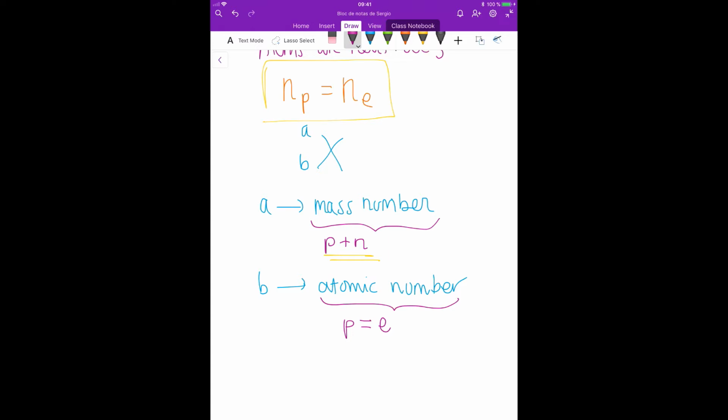So if they asked us to calculate the number of neutrons, the only thing we would have to do is A minus B, since that would be P plus N minus P, which gives us N, which is finally what we want, the number of neutrons.